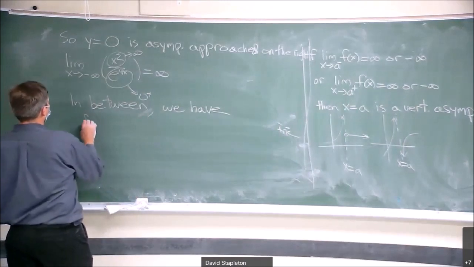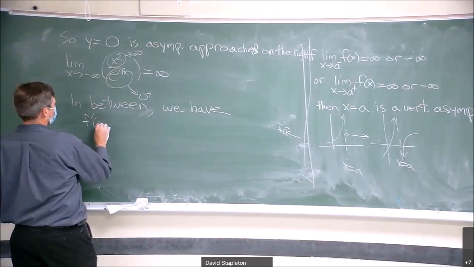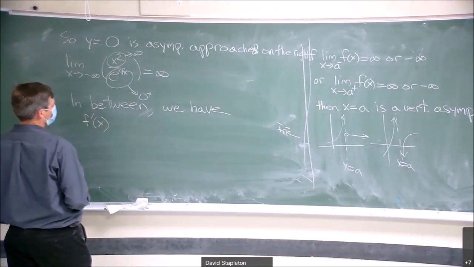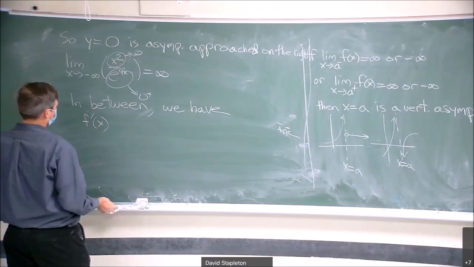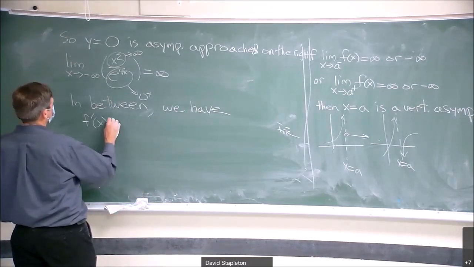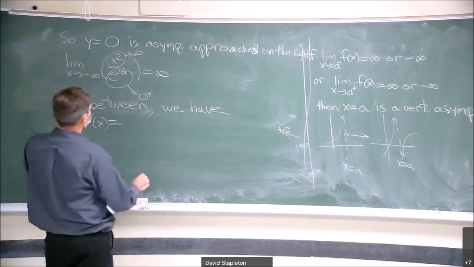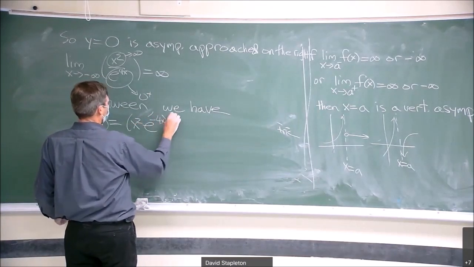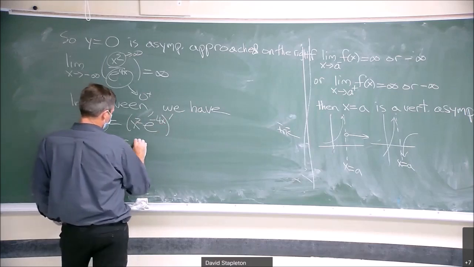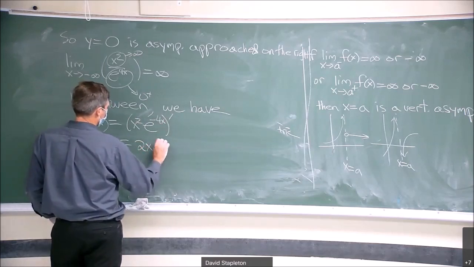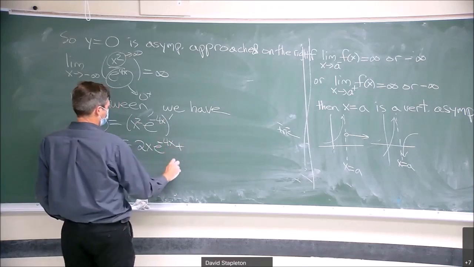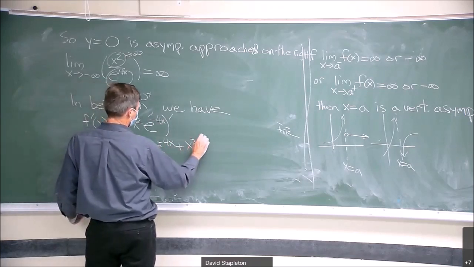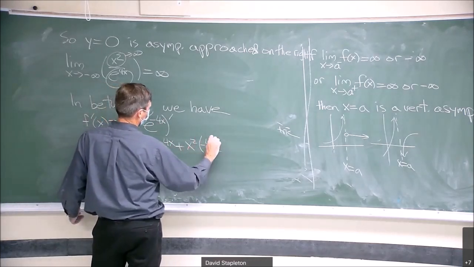So in order to evaluate where it's increasing and decreasing, or where relative extrema are, we have to calculate f prime of x, which is the derivative of x squared e to the minus 4x, by the product rule, right? It's the derivative of x squared times e to the minus 4x plus x squared times the derivative of e to the minus 4x, which is minus 4 e to the minus 4x.